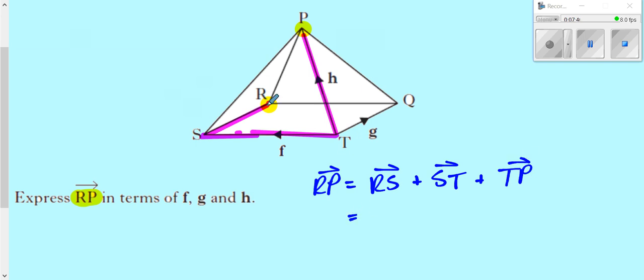Now, r to s, I know is the same as that q to t. They're the same. So r to s is the same as q to t. S to t, well, I know that that's f, so I can just leave that alone. And I know what t to p is.